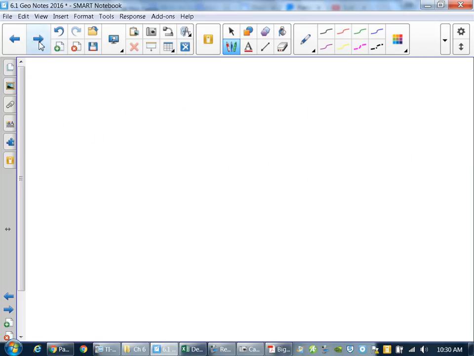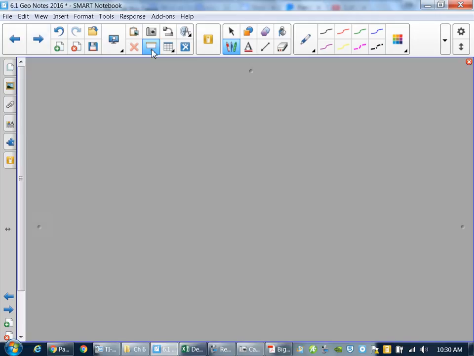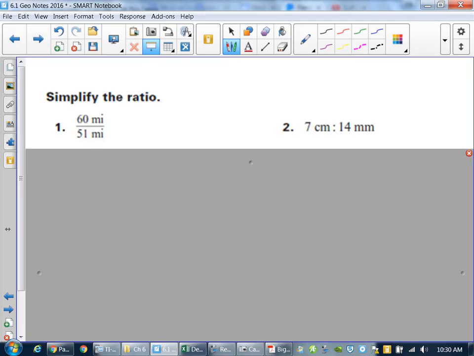Let's see here. Simplifying. When you simplify fractions, what do you do? You take your calculator out and you press some buttons.